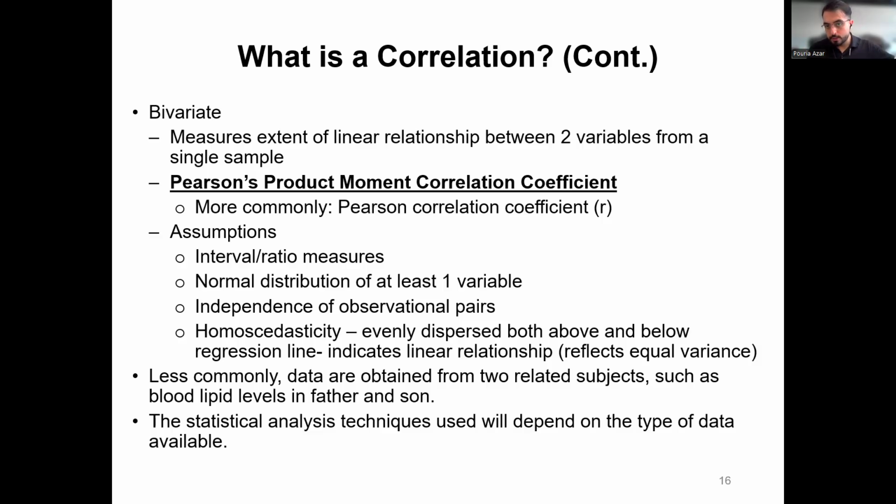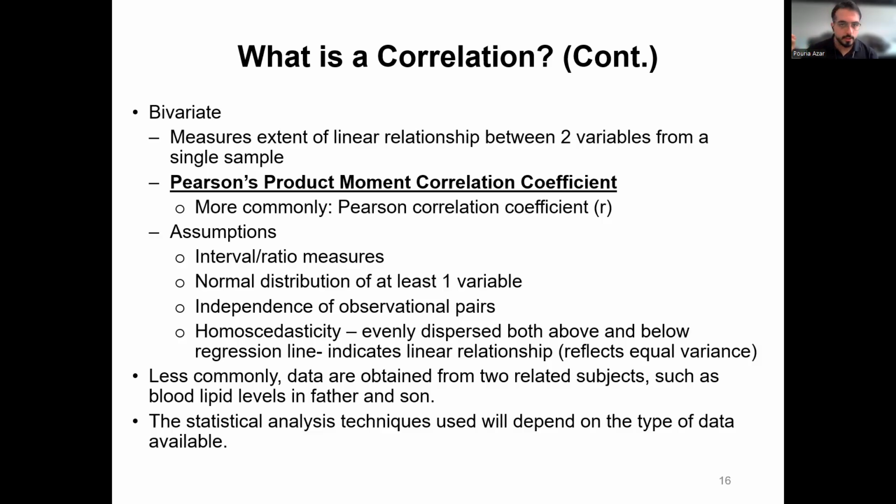Otherwise, we will switch over to Spearman's correlation or Kendall's tau correlation, depending on the type of data and the assumptions. Every statistical analysis has its own assumptions, so we need to check for those assumptions before deciding which analysis to carry out.